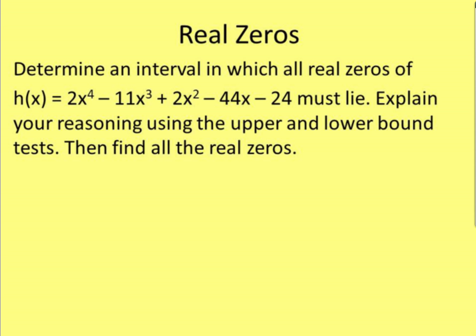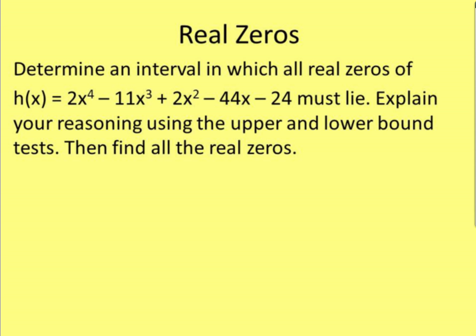So we need to determine an interval in which all of the real zeros of the polynomial must lie. We're going to explain our reasoning using the upper and lower bound test, and then we are going to find all of the real zeros. So first thing you need to do is graph your function on your calculator, and estimate where you think all of your zeros lie.